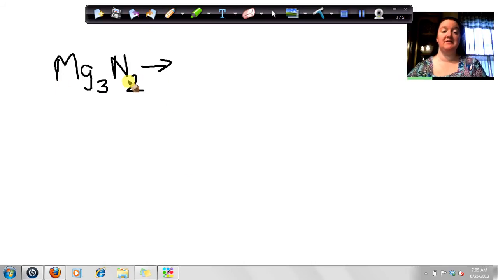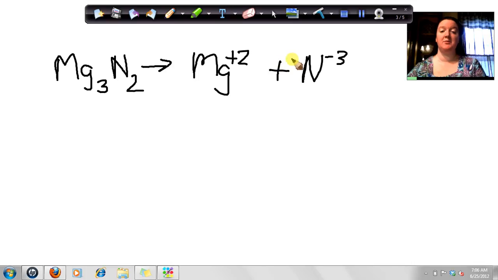Let's look at another example. Here we have magnesium and nitrogen. So if I look at magnesium, we know that magnesium always has a +2 charge because it's in column 2. And we know that the nitride always has a -3 charge because of its location in the periodic chart. It tells us that we have 2 nitride ions and that we have 3 magnesium ions.